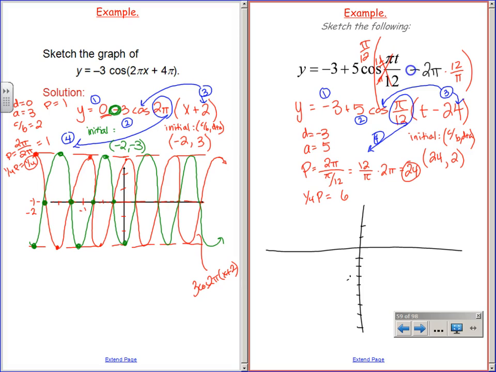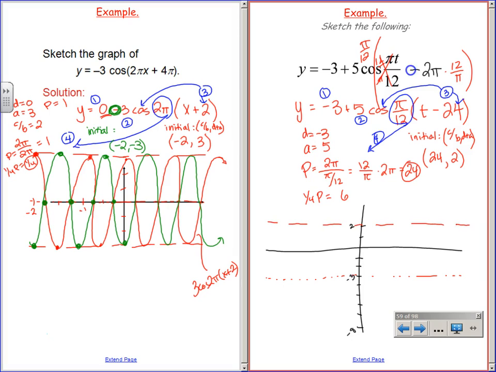Now, question, why am I going to -3 and to 2 and to -4, 5, 6, 7, 8? Why -8? What am I doing? Isn't this my sinusoidal axis? Don't I have to go up 5, which would be to 2?